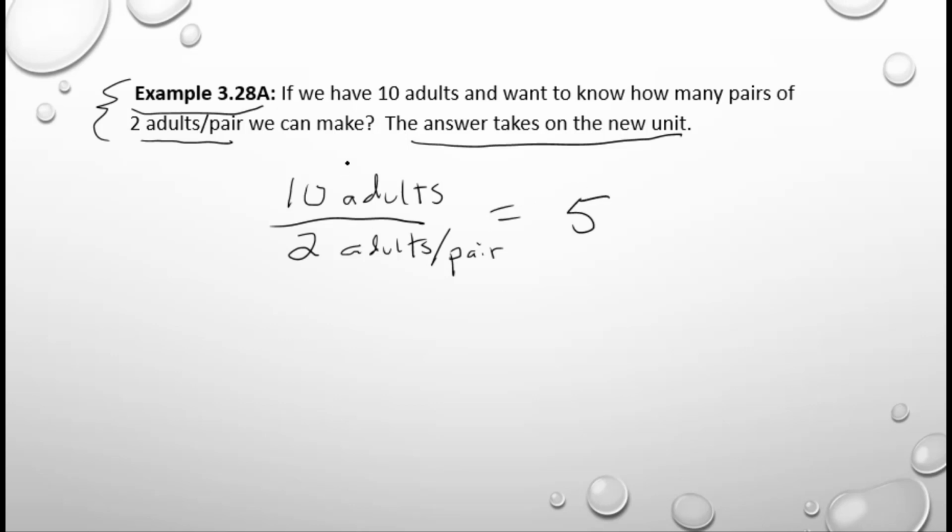But let's look at what the answer is in terms of units. And here are the units. So we have adults divided by adults per pair.